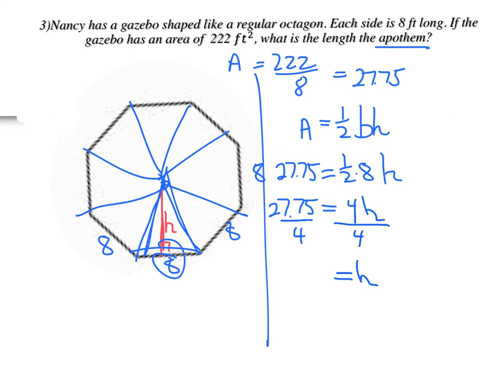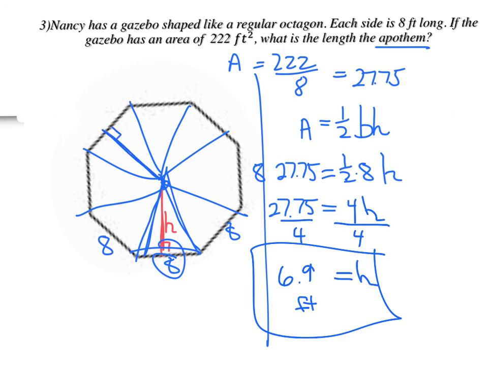That's basically 6.9 feet. So that would be that dimension of the gazebo. The perpendicular from the center of the gazebo to a side would be a length of 6.9 feet.